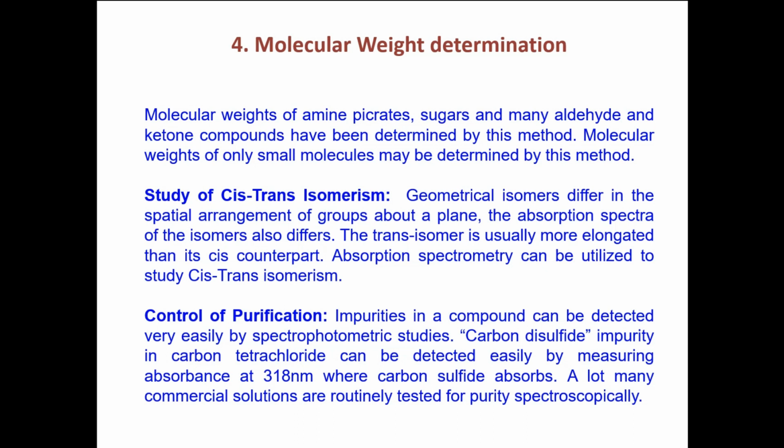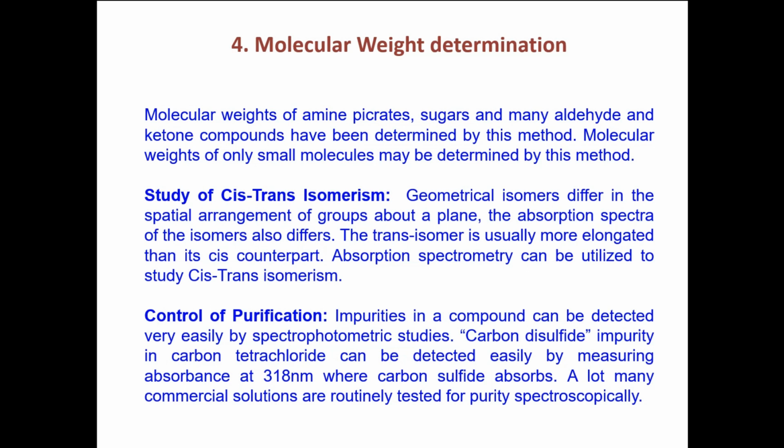So if a compound shows maximum absorption at a higher wavelength, it can be called a trans isomer. The one showing the opposite can be called a cis isomer. Do you understand how we can characterize it? The elongated ones are the trans isomers, and the shorter ones are the cis isomers.